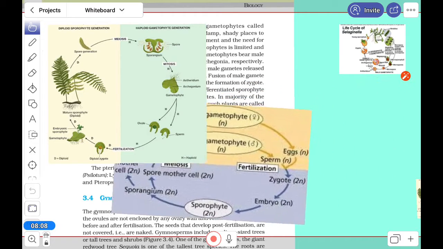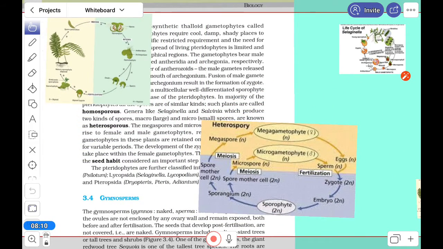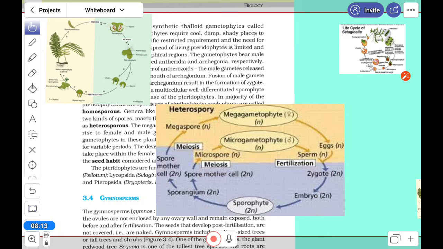But in heterosporous plants, it is not like that. Here the megaspore gives the mega gametophyte and the microspore gives the micro gametophyte. From that you can understand that the megaspore means egg, and the microspore means sperm.